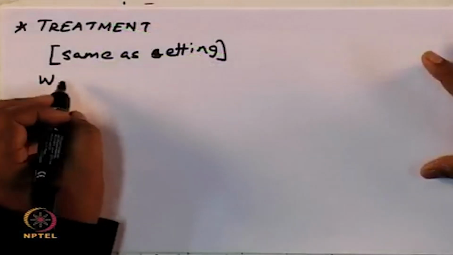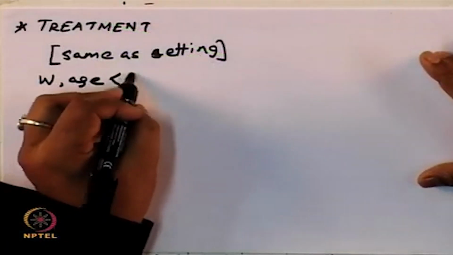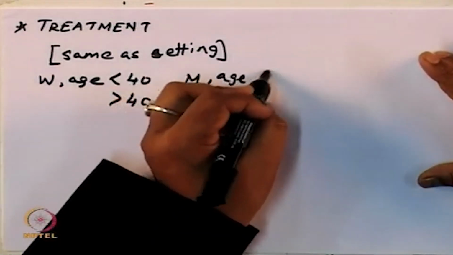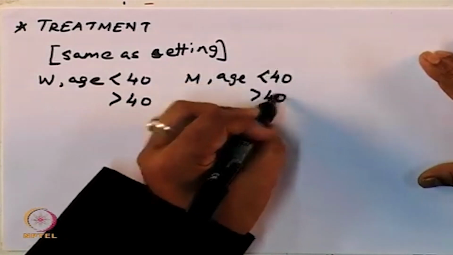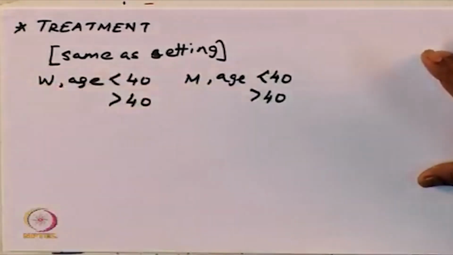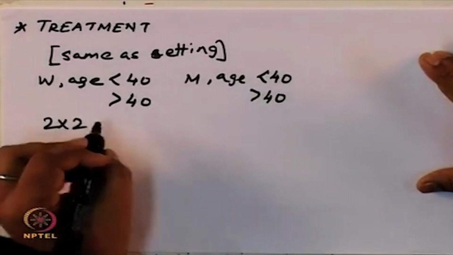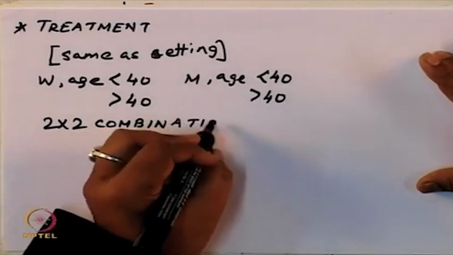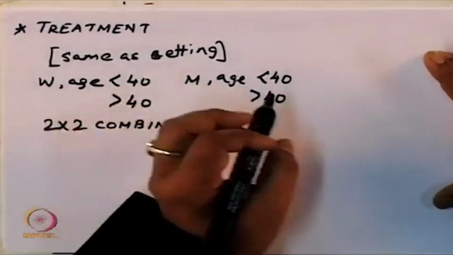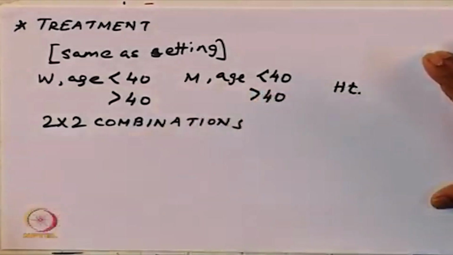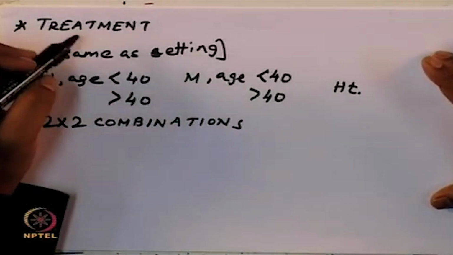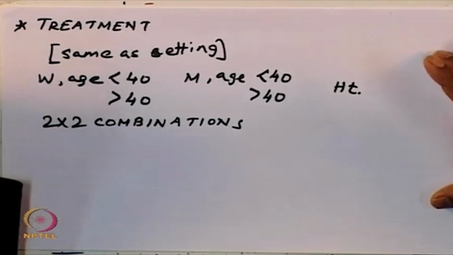However, your treatment can be women with age less than 40 and greater than 40, similarly men with age less than 40 and greater than 40. So in this case you have 2 into 2 combinations or treatment settings. If on top of that I introduce height as another metric, then I have 2 into 2 into 2, 8 combinations. So, treatment may or may not be equal to the setting value.